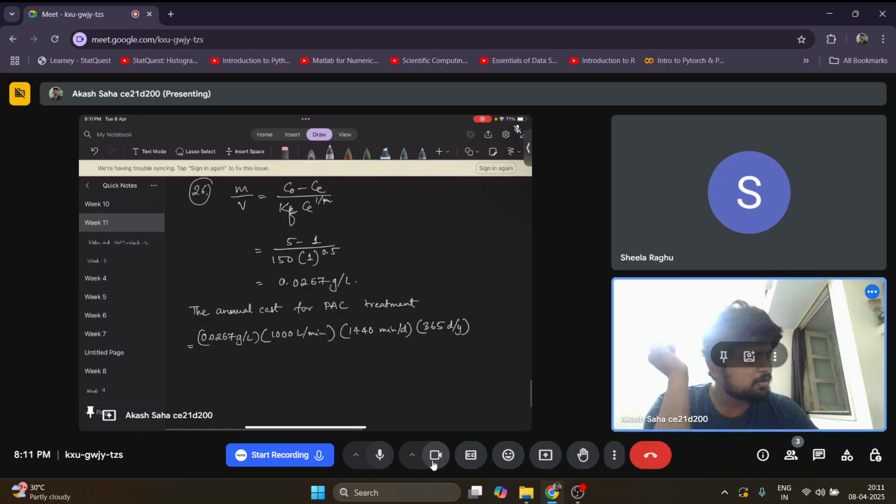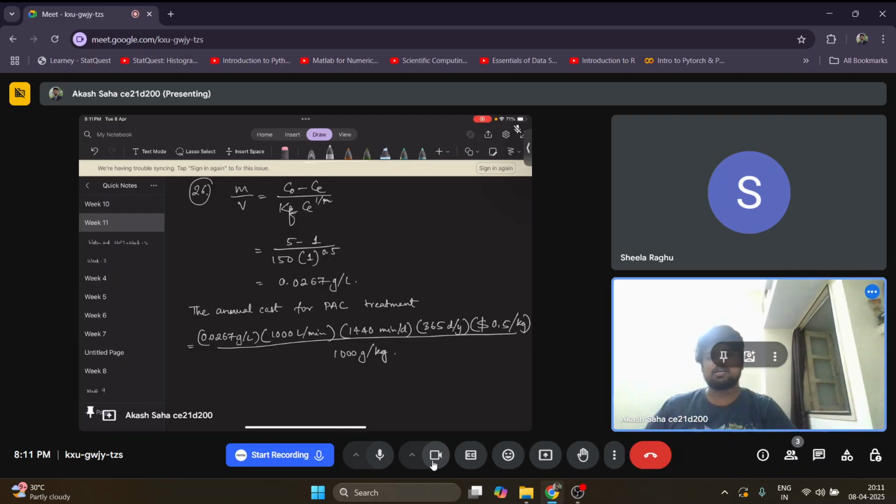Again, whatever the cost, it is $0.5 per kg, and to convert everything into kg we will do 1000 gram per kg. So very simple, in one line we can do.